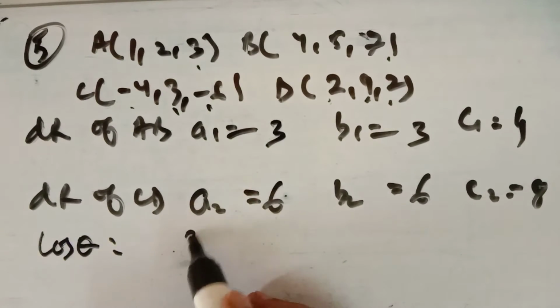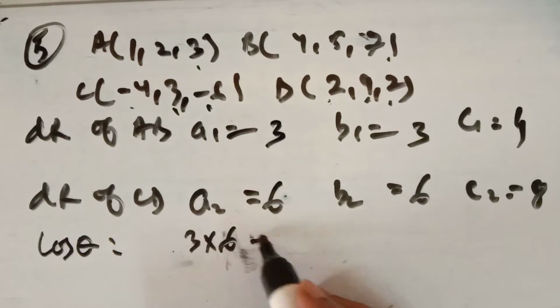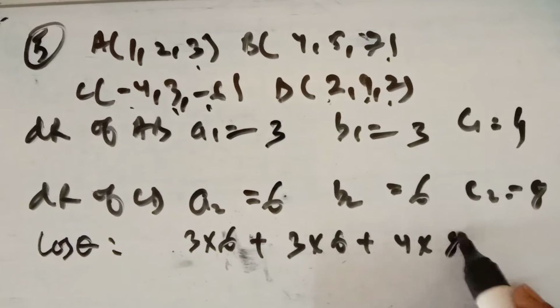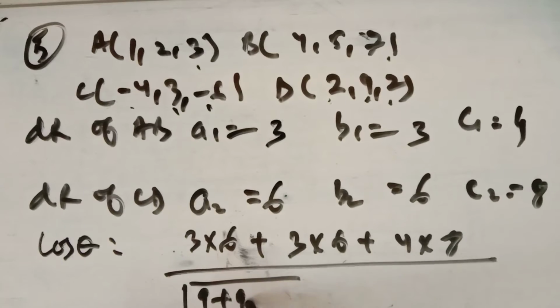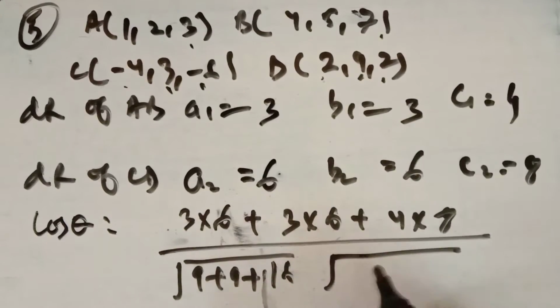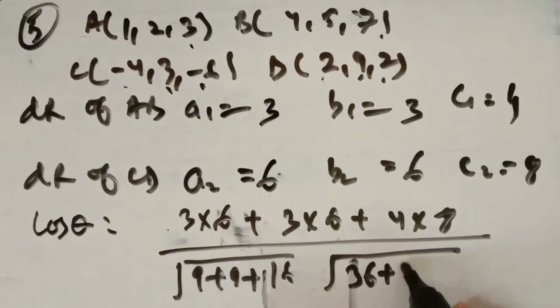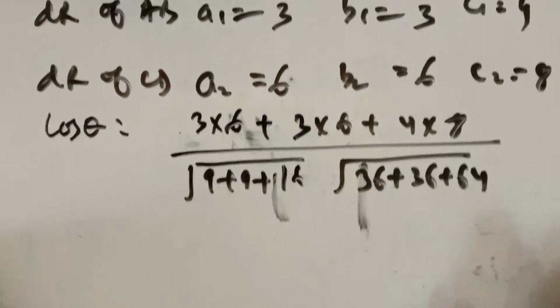So cos theta is A1 into A2 plus B1 into B2 plus C1 into C2 upon under root A1 square plus B1 square plus C1 square into under root A2 square plus B2 square plus C2 square, that is 36 plus 36 plus 64. So find it.